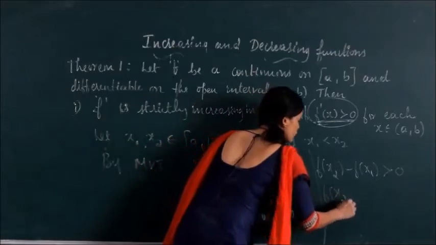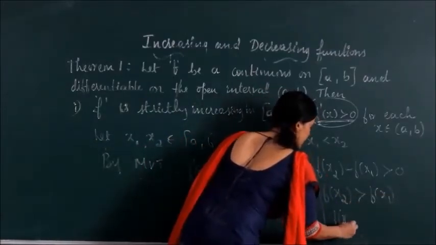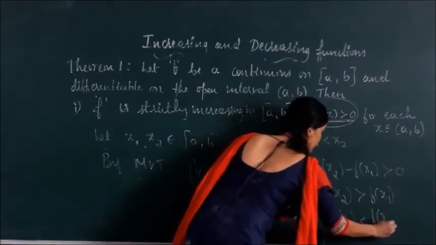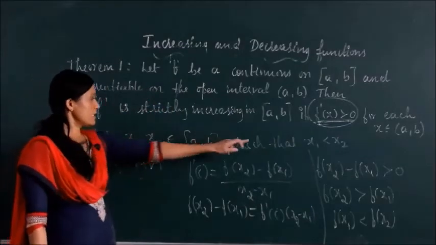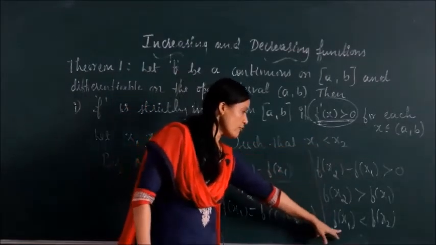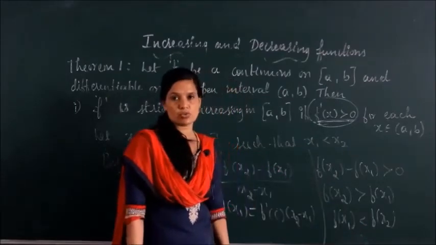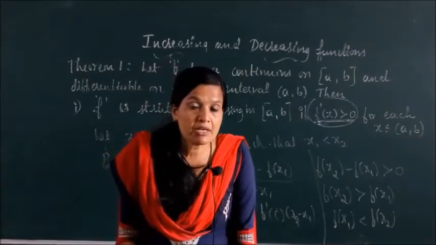So f of x2 is greater than f of x1, or I can say that f of x1 is less than f of x2. I considered that x1 is less than x2 and I proved that f of x1 is less than f of x2, according to the definition of a strictly increasing function.